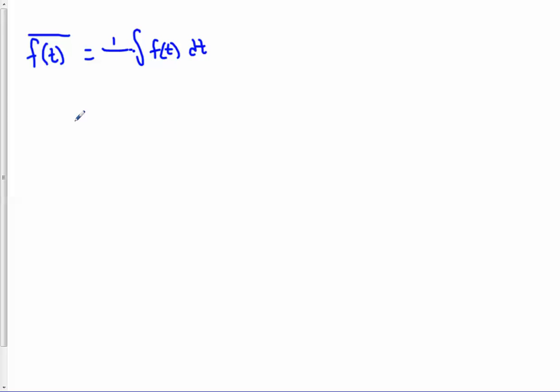Now, on the previous page I just did a to b, and then this was b minus a. But let me relabel things for a second. Instead of going from a to b, let me change that, and let's have, like I said before, let's put 3 in the middle, and then we'll have 3 minus delta t and 3 plus delta t.